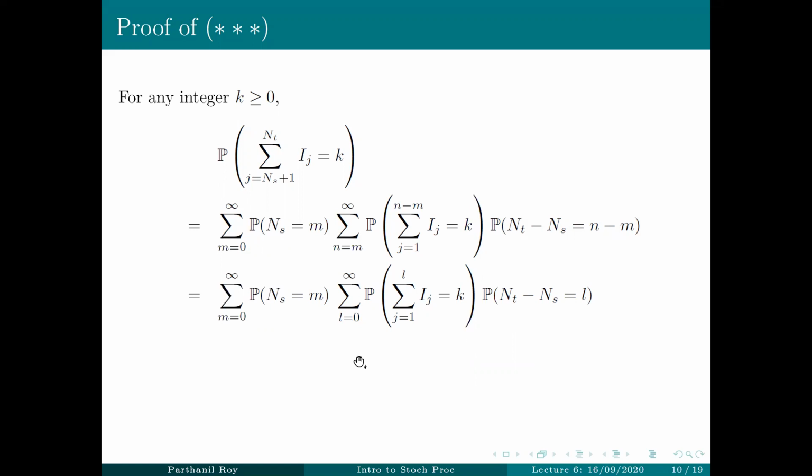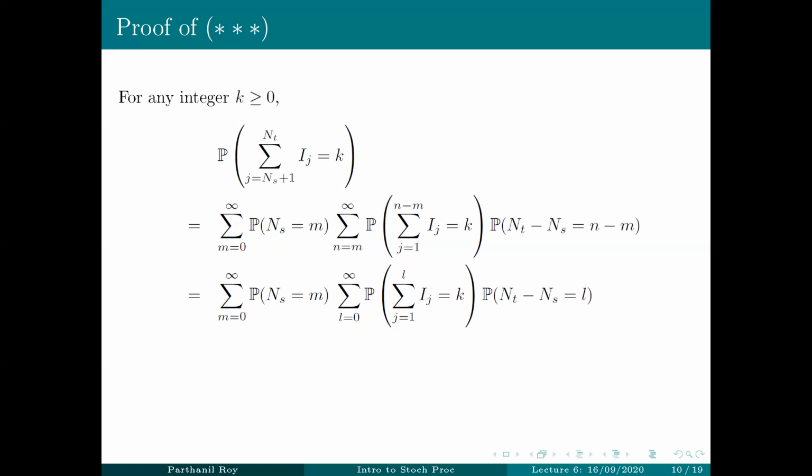Now observe that this sum has no m in it at all, because we have been able to replace it completely. So these two have become two separate sums. And this one is just a sum over m taking all possible values. Because what is the range of N_s? N_s is a Poisson random variable with parameter alpha times s.